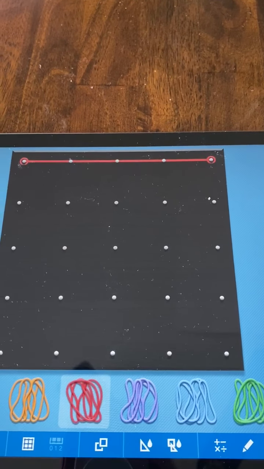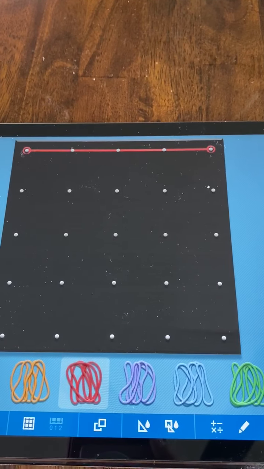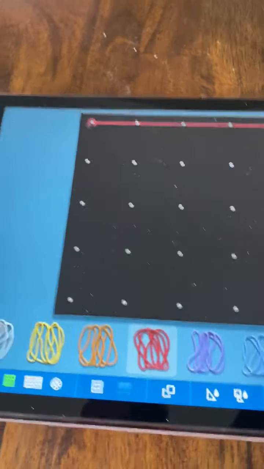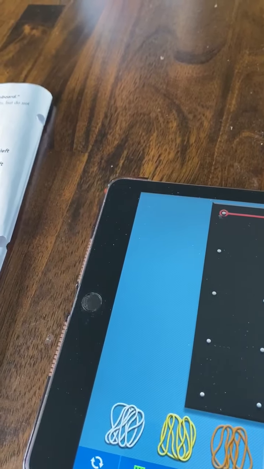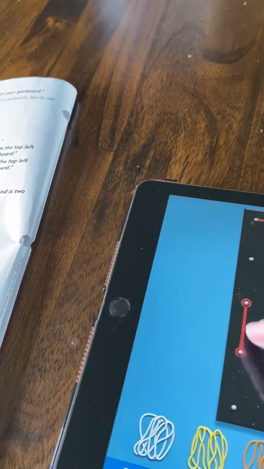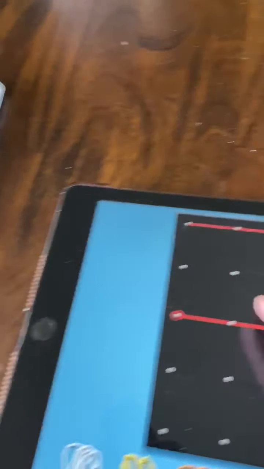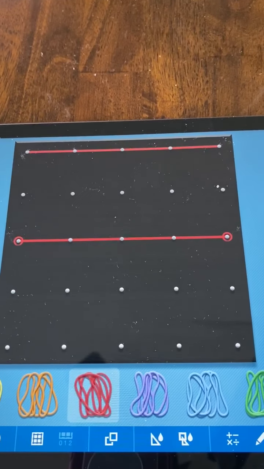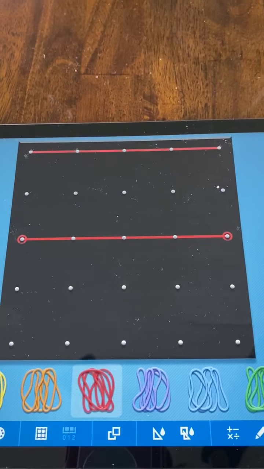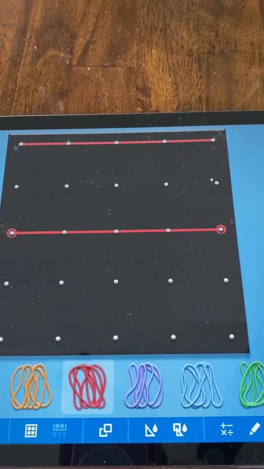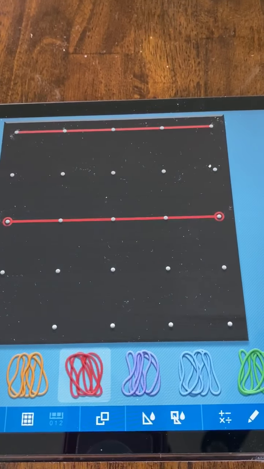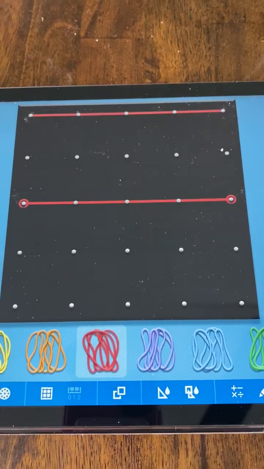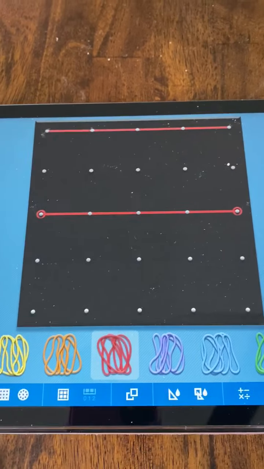Now, you are going to put a geoband on your geoboard that's parallel, but it's two pegs below, okay? Let me use a red one again. So, two pegs below, 1 and 2. These lines are parallel, okay? Now, we are going to finish our shape. The next side of my shape are parallel lines.